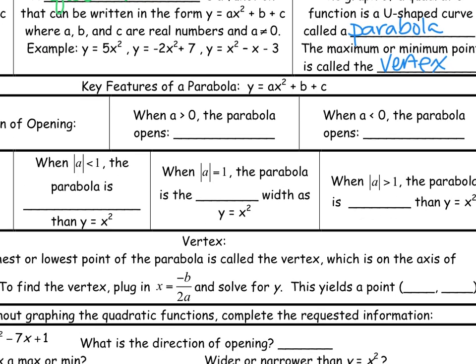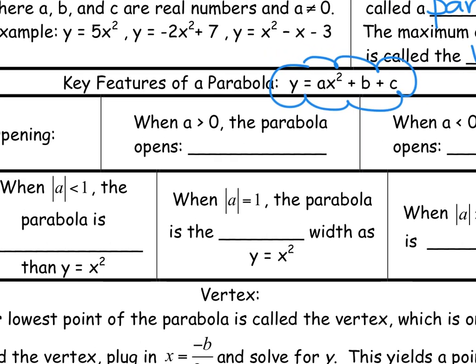So some key features of this lovely formula right here. If the coefficient of x squared is bigger than 0, meaning that a is positive, then the parabola will open upward. And the vertex will be a minimum because it's going to have a low point.